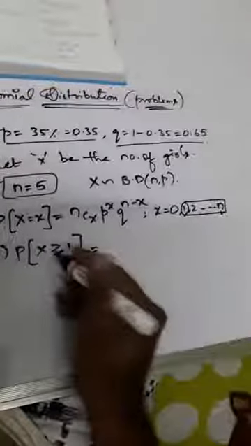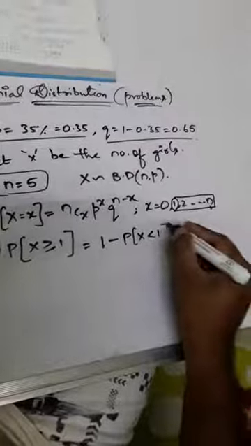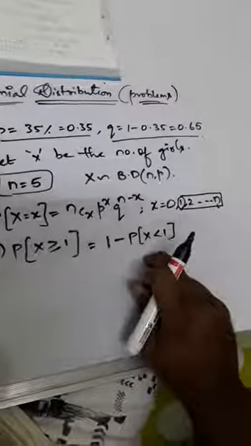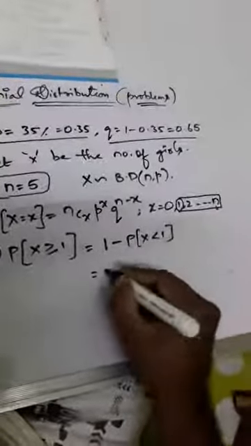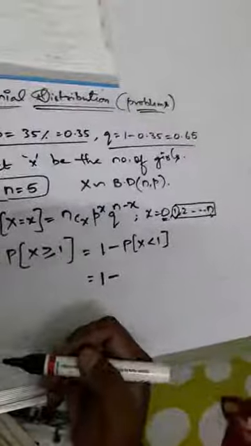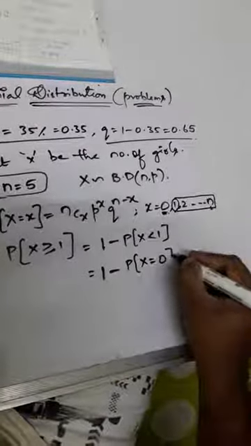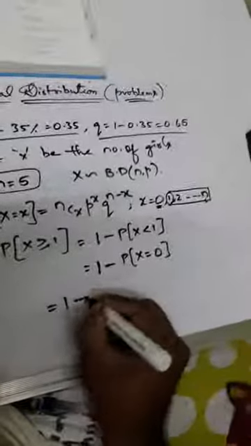Students, instead of calculating all these 5, there is an alternative method. We can convert this: greater than or equal to 1 can be converted to 1 minus P of X less than 1. So 1 minus P of X less than 1 means what value is there? 0. So 1 minus P of X equals 0.